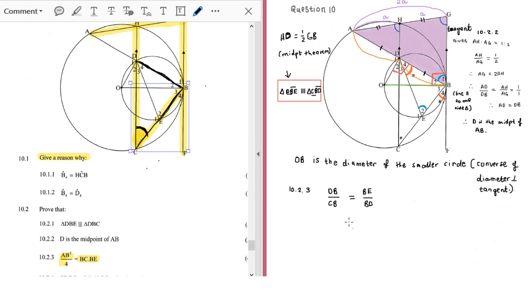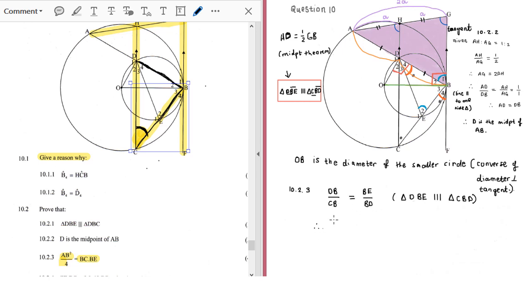So from here, if we cross multiply, we just need to write a reason here. The reason is triangle DBE is similar to triangle CBD. That's where we got this proportionality.